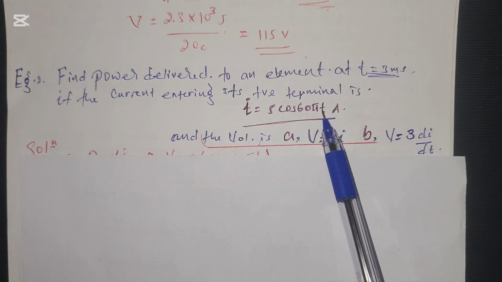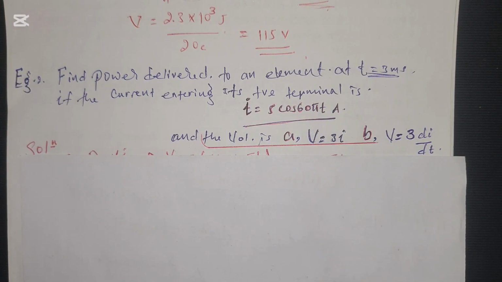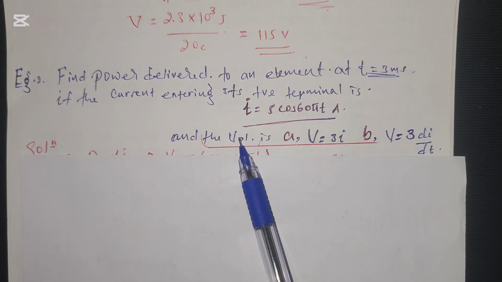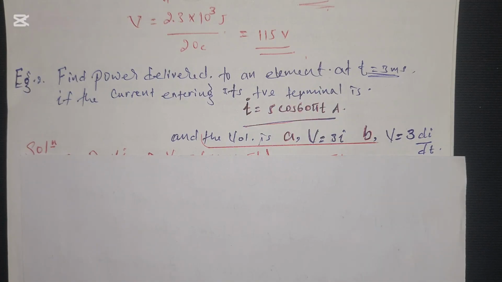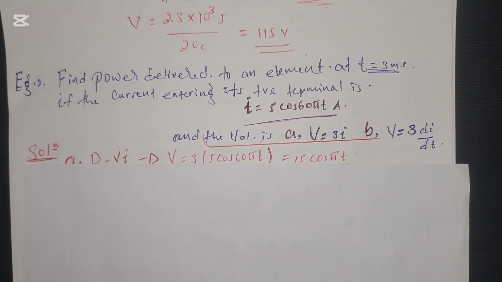The current is a function of time. We are given, in A, the voltage V equal to 3I, and in B, V equal to 3 di over dt, the derivative of the current.